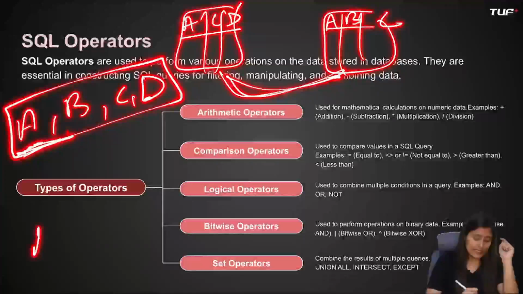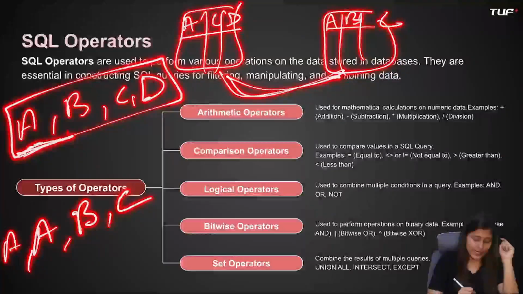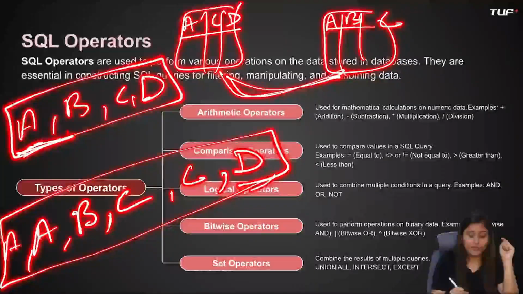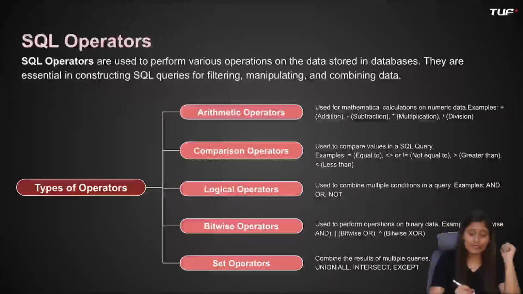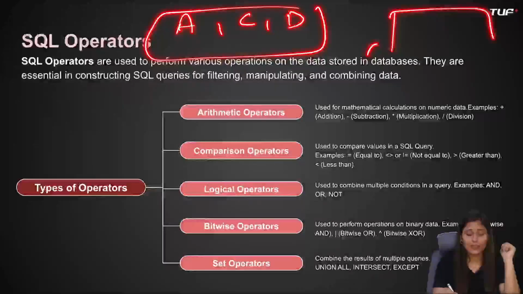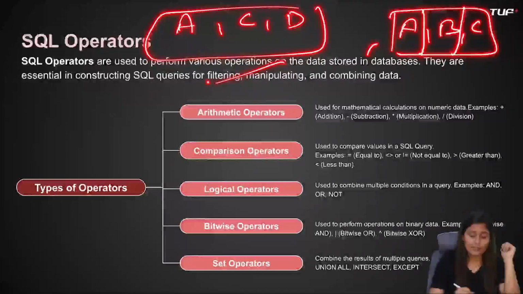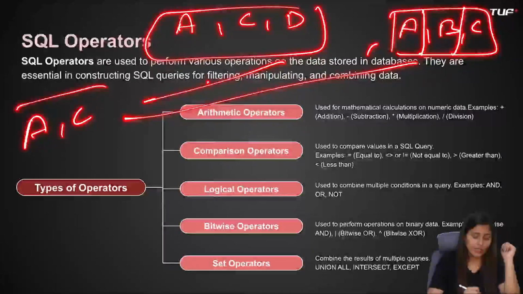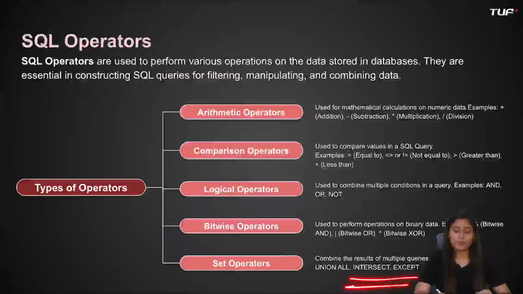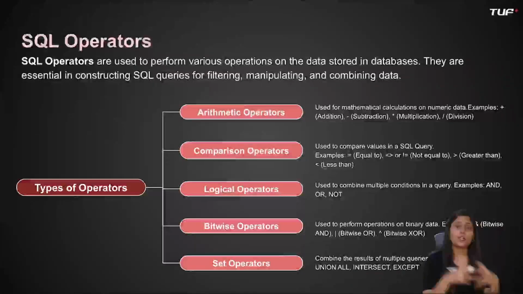Union all says A, B, A two times, then C, C and then D. So union all says you will be taking all the columns along with the duplicated, repeated ones also. And intersection says that whatever the common attributes or common data in the two tables, we will be taking it. So the intersection for these two tables will be A and C. So these are the different types of set operators we apply on combinations of data to get the result value.